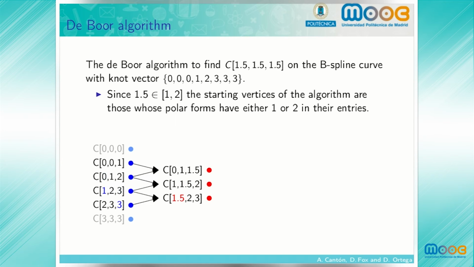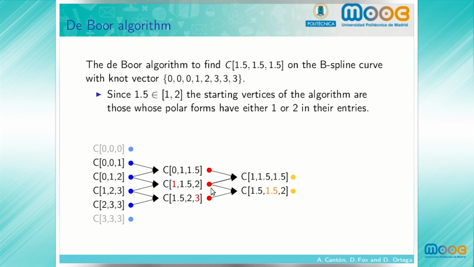The second stage of the de Boor algorithm now gives 2 points. The first point is a barycentric combination of these 2 points. Observe that for the second stage, every point has 2 entries equal to 1.5 in the polar form. So this point lies on the line segment defined by these 2 points, in the same proportion as 1.5 lies between 0 and 2, in this case closer to this point than to this point.